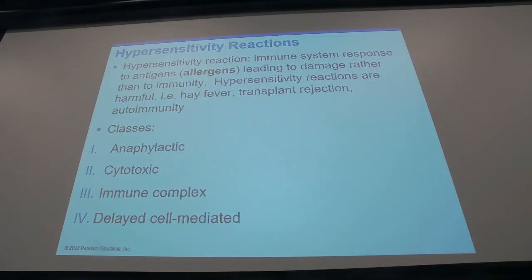But if that antigen enters into our body, and then we trigger an immune reaction, that will be considered a foreign antigen. Now, a self-antigen, or an antigen that is found naturally in our body, can change molecularly and can trigger an immune reaction. If that is the case, that will be now considered a foreign antigen.